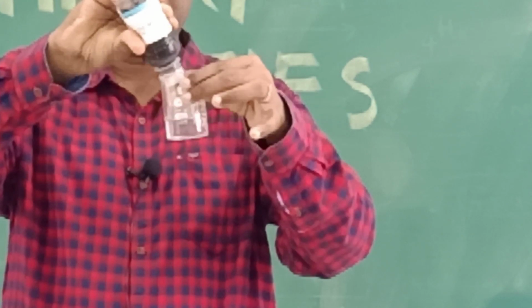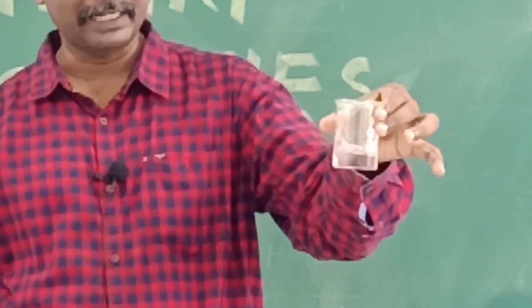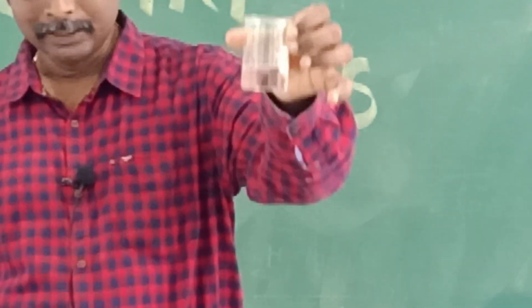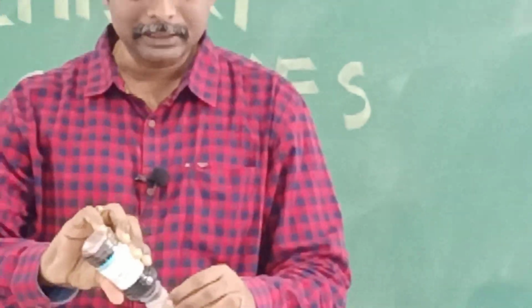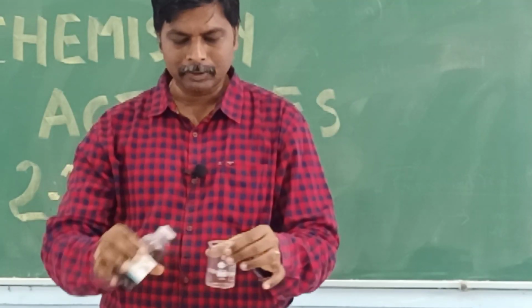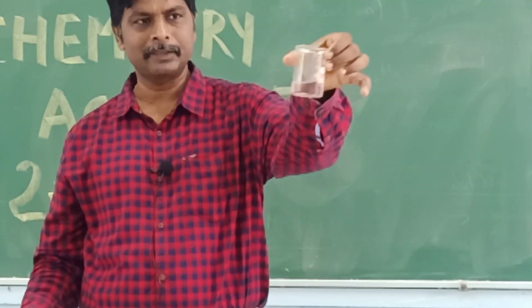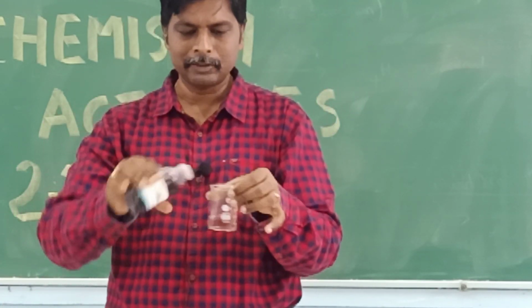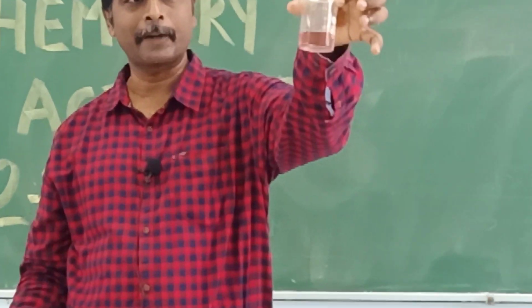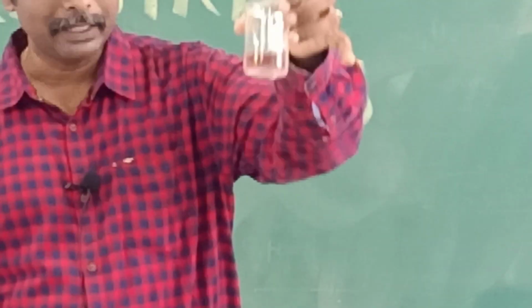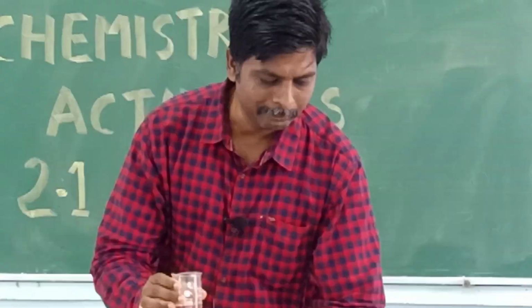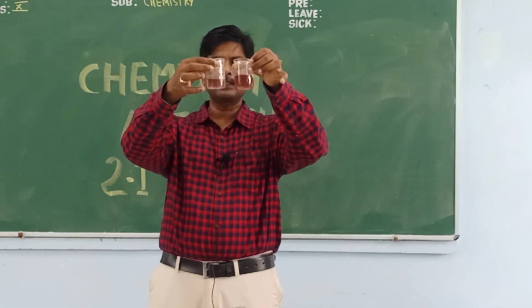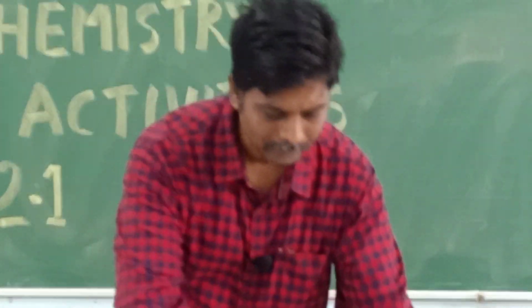Red only is there. So blue litmus goes to red, and red litmus also stays red. You can see this red because I used a larger quantity of acid.